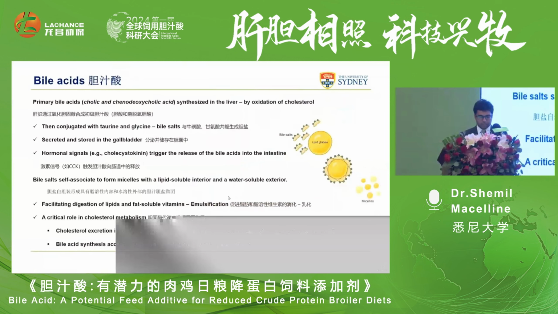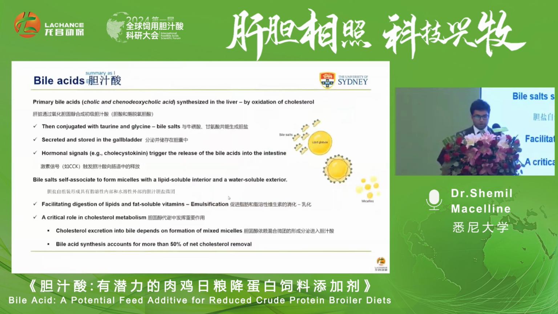In summary, as I mentioned before, primary bile acids are synthesized from cholesterol, later conjugated with amino acids and converted to bile salts, and these bile salts are important for fat digestion. Also, bile salts are important for cholesterol metabolism.